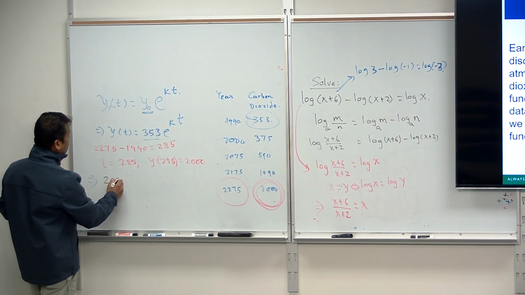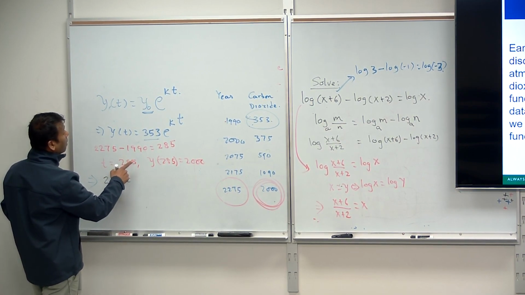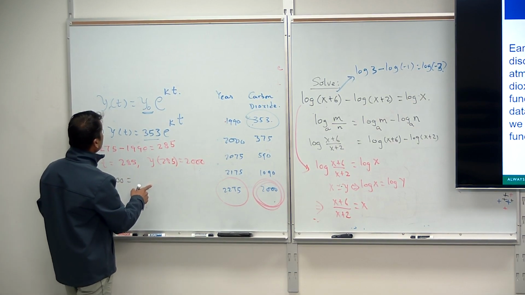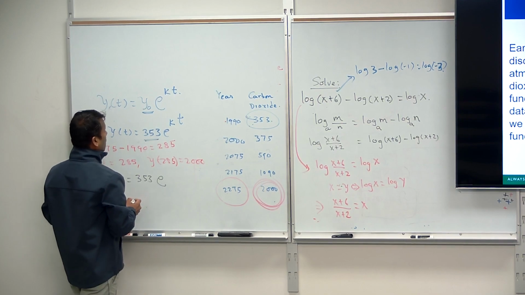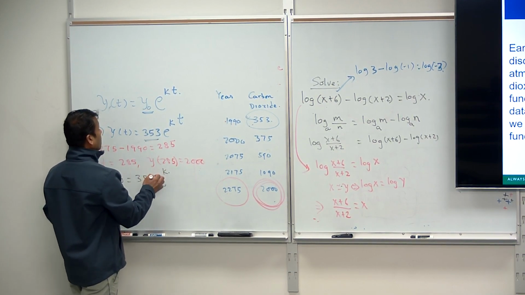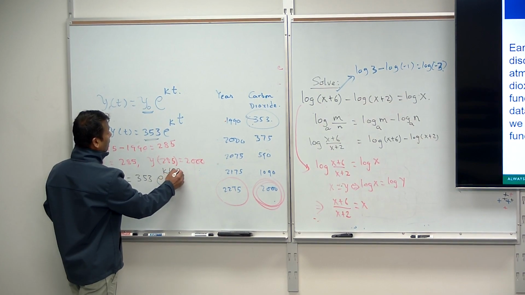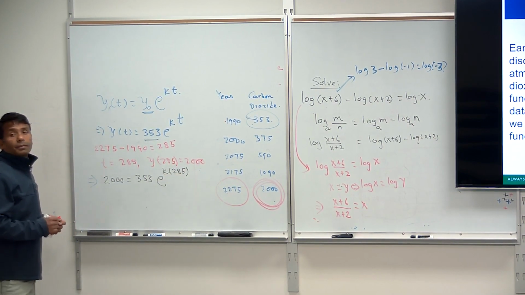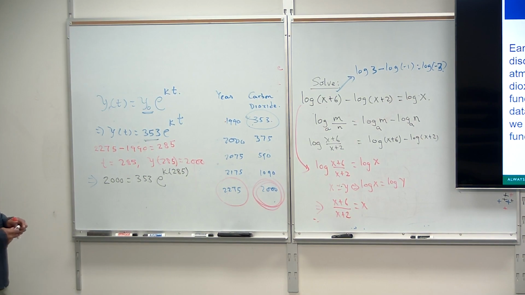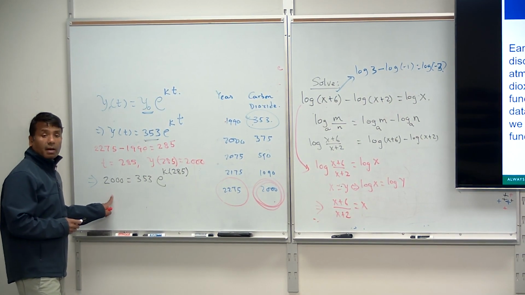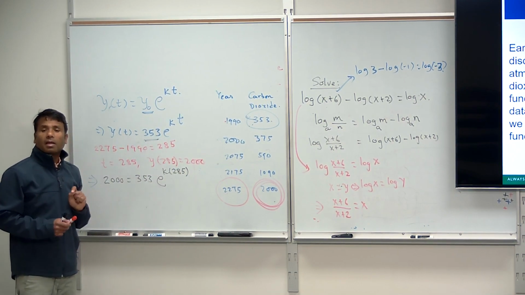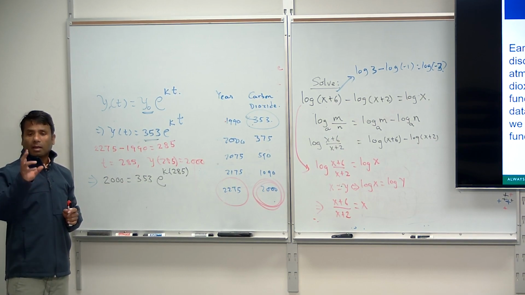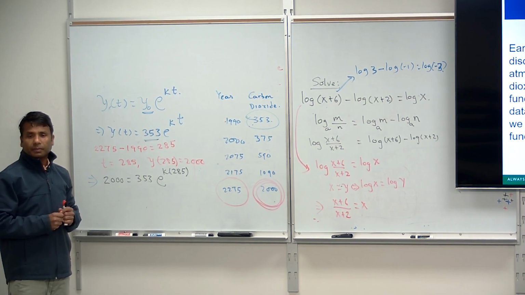The initial amount y sub 0 is 353, and e to the power k, and what is the value of t? 285. You solve this equation and get the value of k, and plug the value of k back in, and you will get the exponential model. Does that make sense?